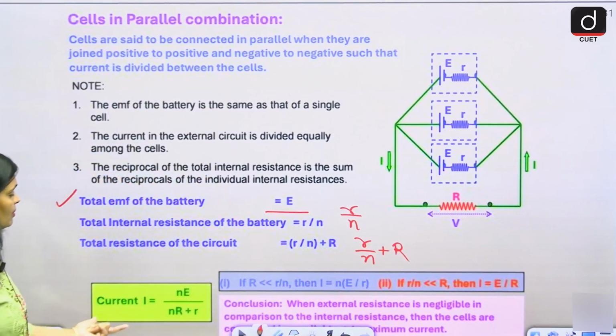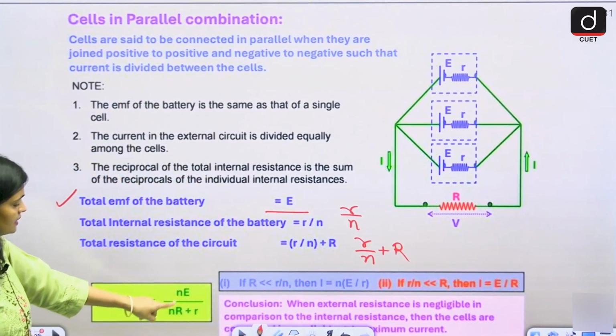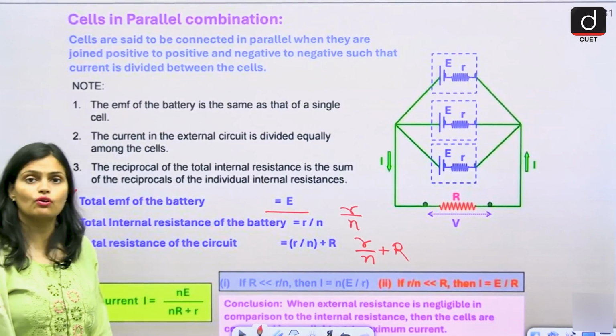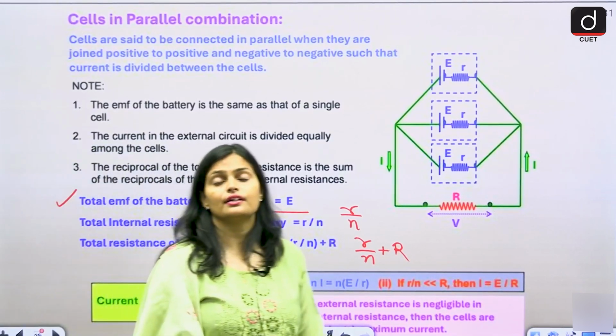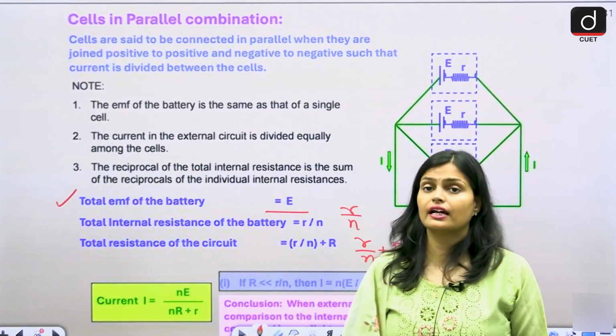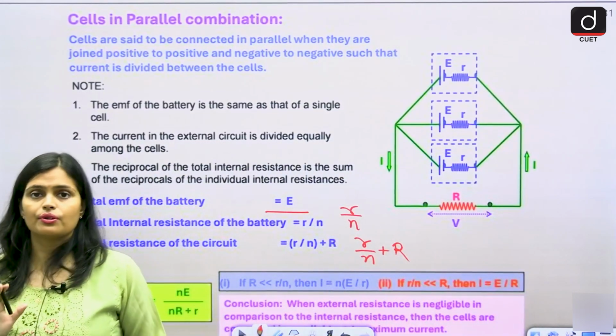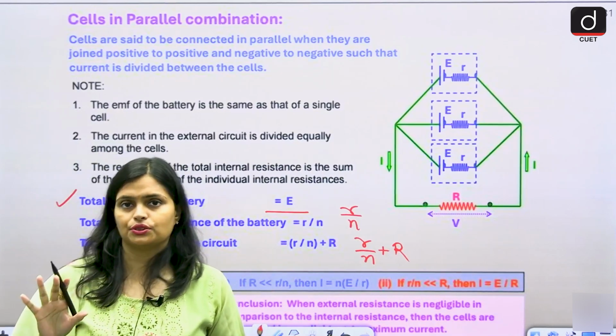So now the formula changes. See, here is the change only. So this is the formula of internal resistance when cells are connected in series and in parallel. So you have to remember this formula and you have to practice questions, right?